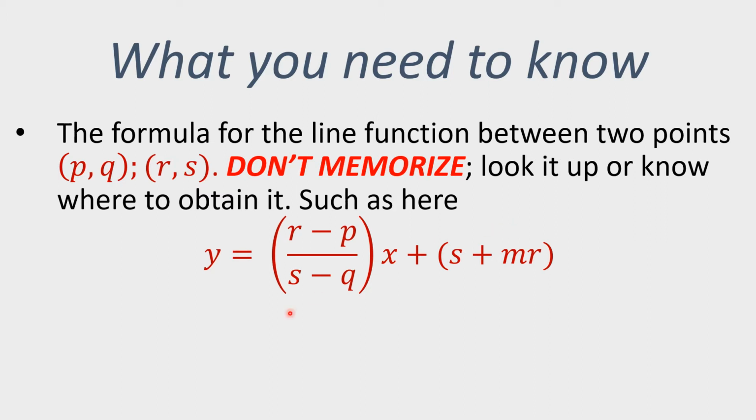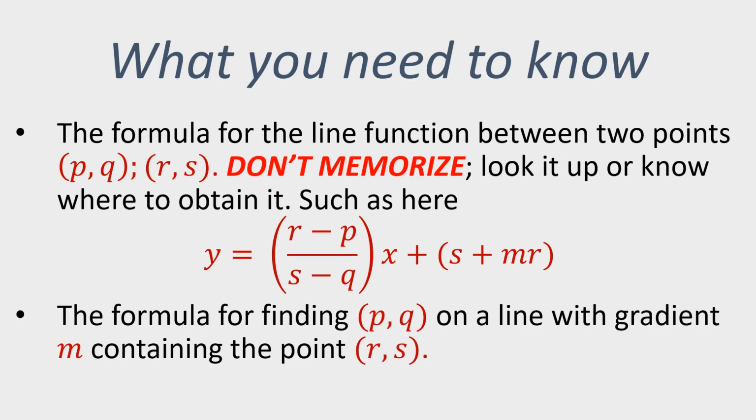The value of the y coordinate, the vertical coordinate, is given by that computation there. There is also a formula for finding a particular coordinate which is on a line with a specified gradient and contains a specified point. Why do you need to know these?